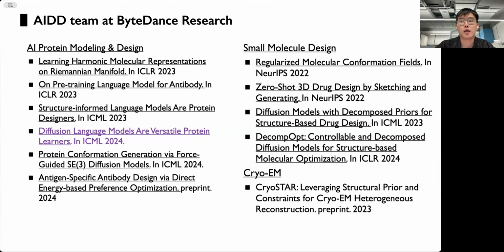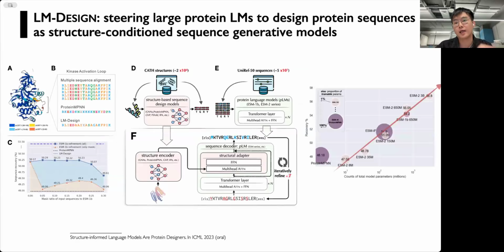Here are three main topics we are pursuing: AI for protein modeling and design, small molecule design, and cryo-EM reconstruction. As a quick highlight of our recent work, the first one is ESM-based inverse folding design.